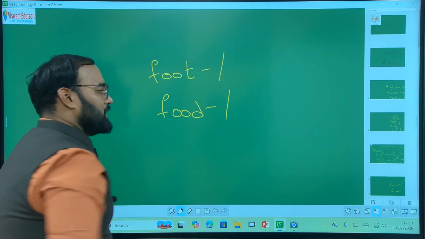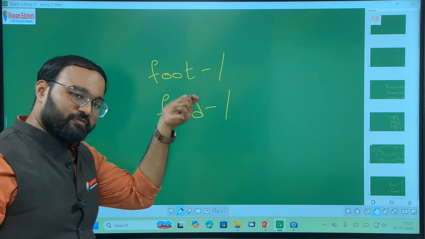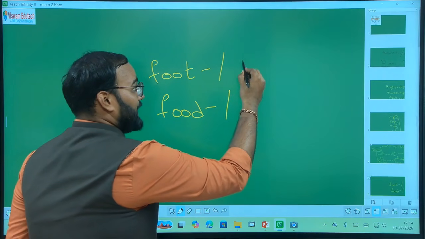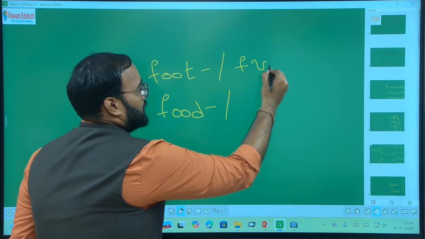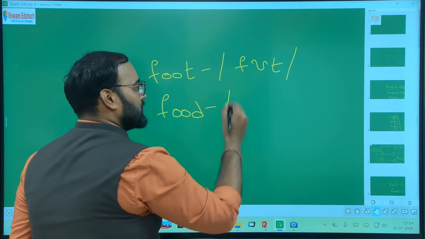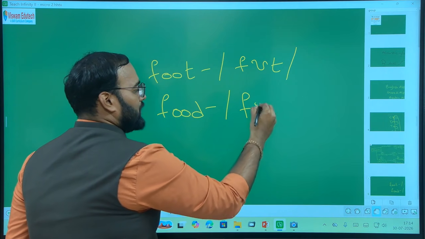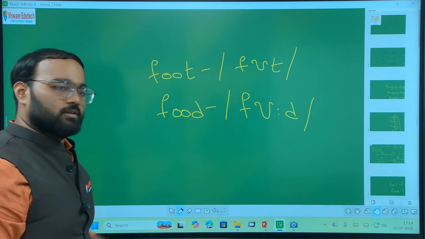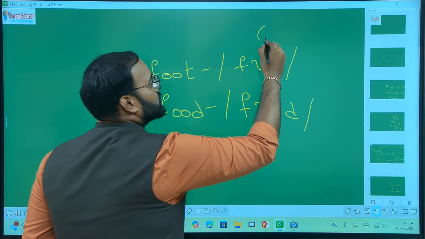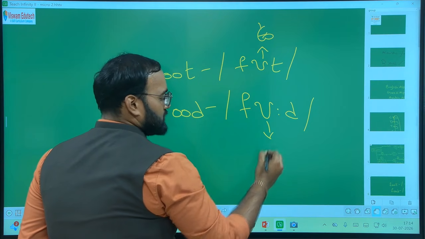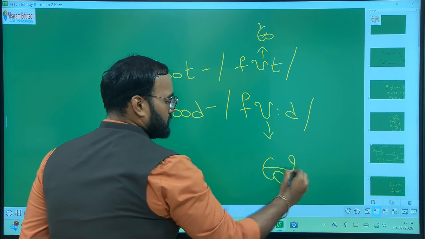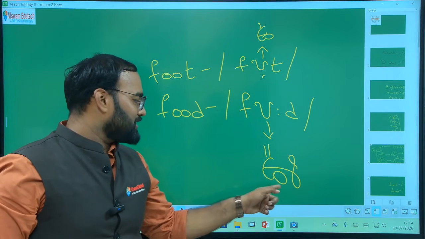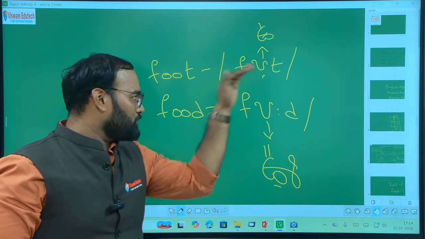If you ask me why you call this foot and why you call this food, it is because IPA gave the phonetical transcription for foot as the short sound, and for food it's the long oo sound. This is the short sound. This is the long sound.